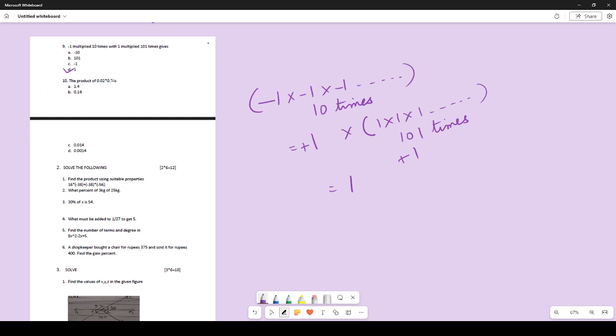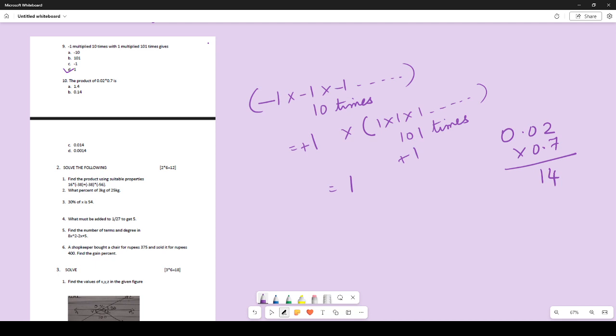Now the last of the MCQs, product of 0.02 and 0.7. Now what does this mean? So you have basically 2 multiplied with 7, which is 14, but be careful about the number of decimal places. So how many decimal places over here? 1, 2 and 3.